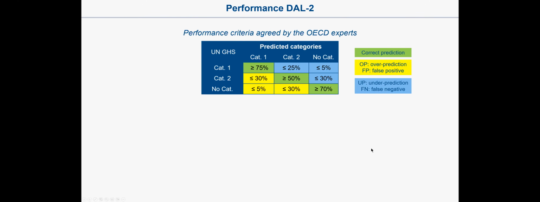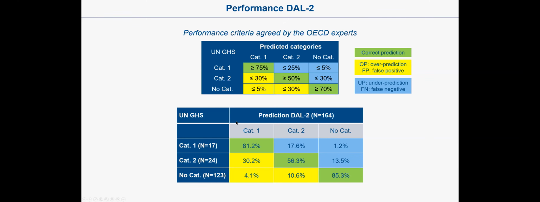Then the same performance criteria were used, of course. And the performance of DA2 is based on a set of 164 liquids. The Cat 1 and Cat 2 liquids were basically the same for DA1 and DA2, with the only difference that here dilutions of liquids or solids are also included.